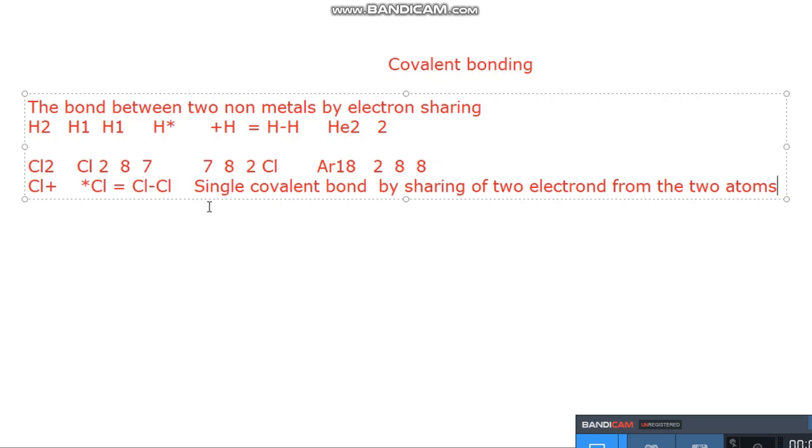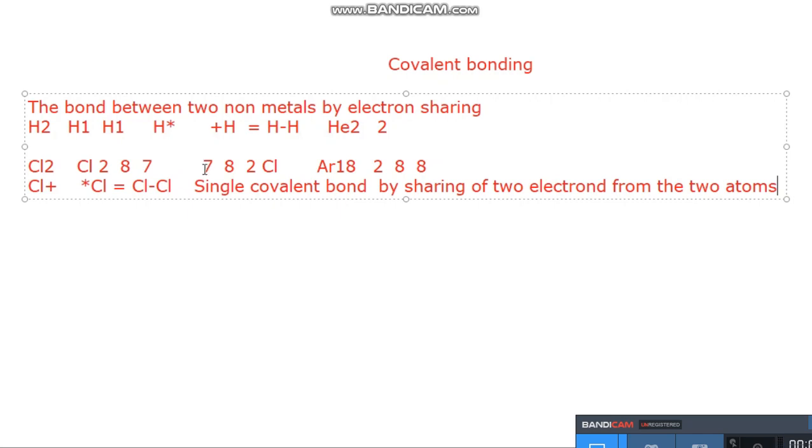Okay, right. What about the electrons that didn't take part in the covalent bonding? We have here one electron from both atoms.